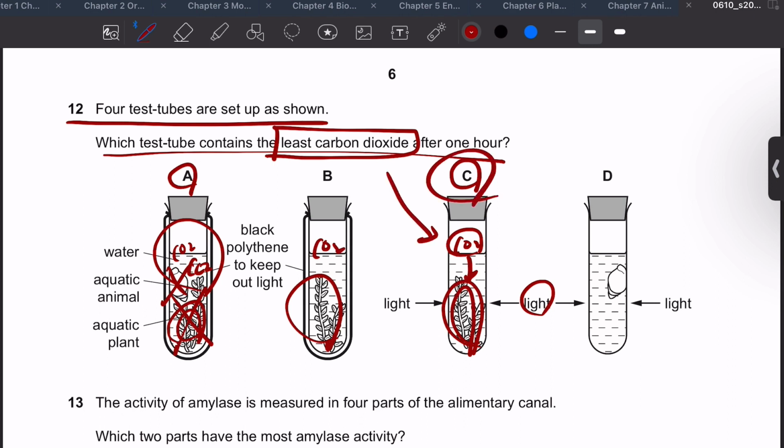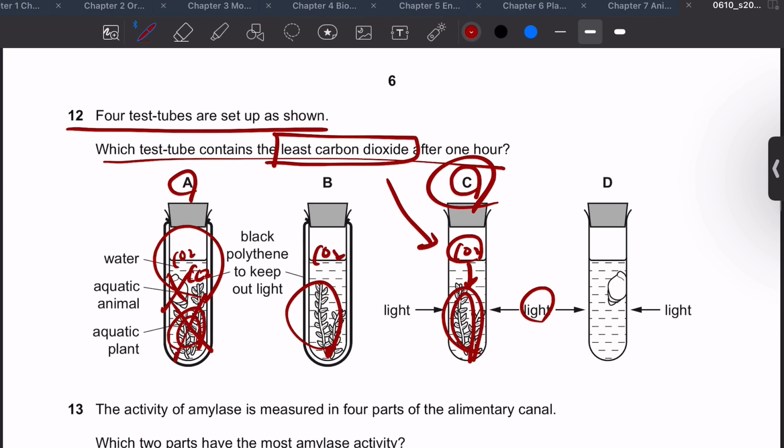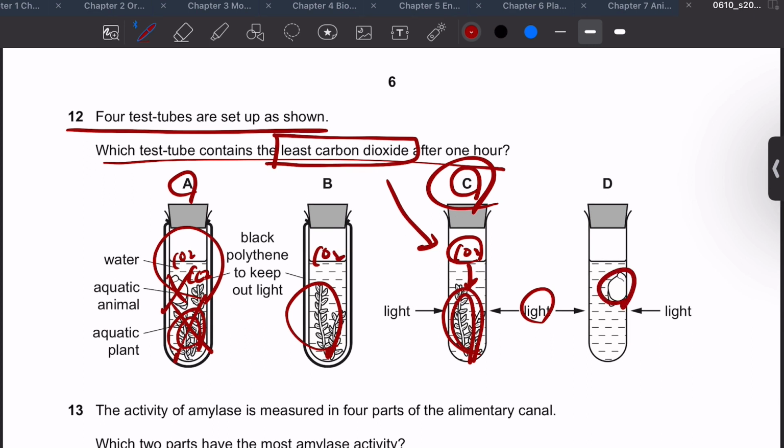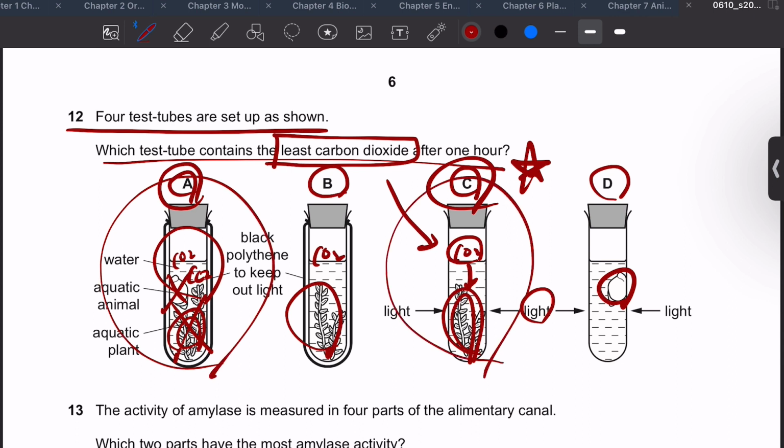So the answer is C, not D, because animal will produce CO2 by respiration. So D will produce CO2 as much as B, and A will have a lot of CO2, but C will have the least amount of CO2.